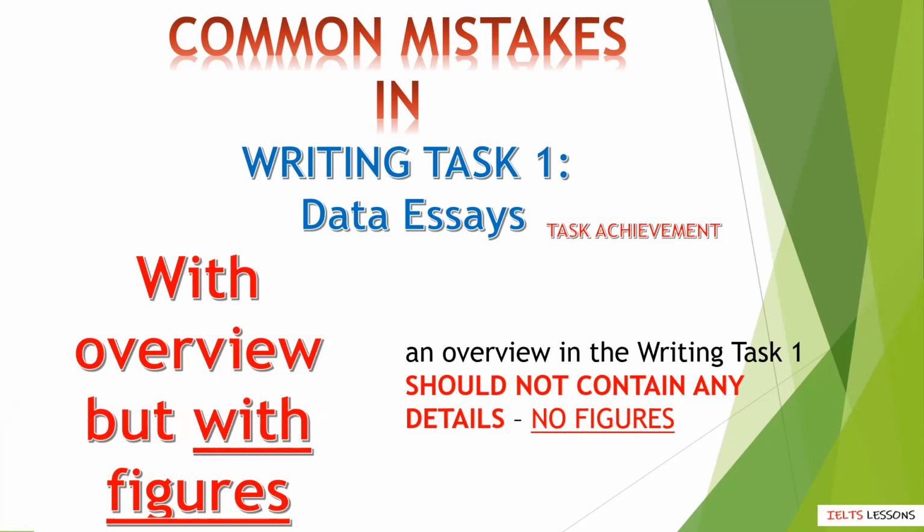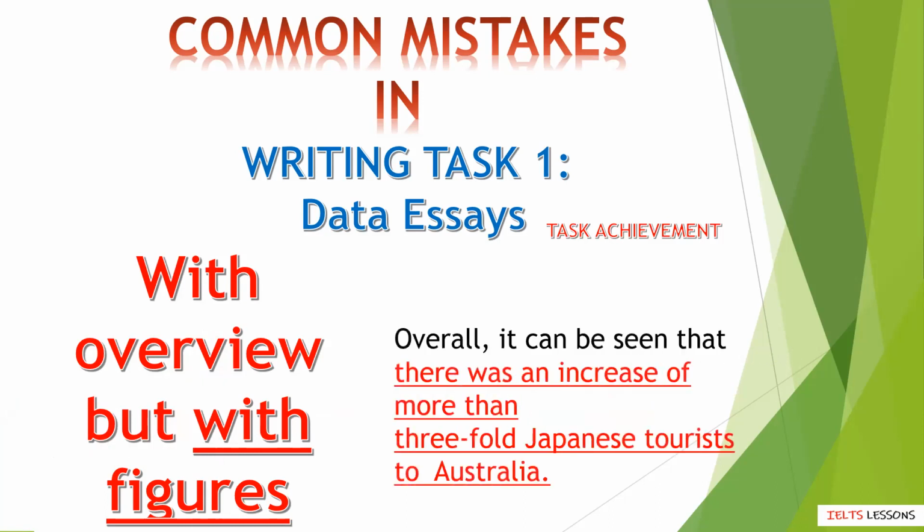So the overview here shouldn't contain any details and shouldn't contain any figures, all right? So for example, "Overall, it can be seen that there was an increase of more than threefold in Japanese tourists to Australia." So that is absolutely incorrect because overview means general comparison. And if there's a general comparison, there shouldn't be any figures, because the moment you put in a figure, you're not making any general comparison. You're making a specific comparison.